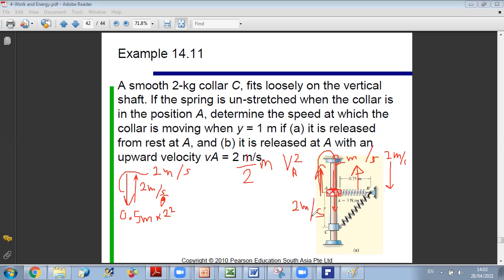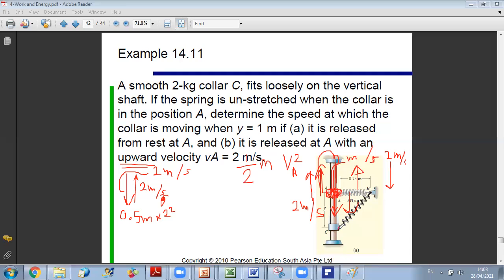If I had friction, for example, it would have lost energy and I would return to A with lower energy than T_A. Then it is true that the downward case would give me a higher velocity at C. But since there are no non-conservative forces, all forces are conservative, when I return to the same position I have the same kinetic energy. The only difference is the sense: the velocity is down instead of up. This is why, whether the velocity is upward or downward, in this case it doesn't matter. As we said, the work of conservative forces is independent of the path of motion.